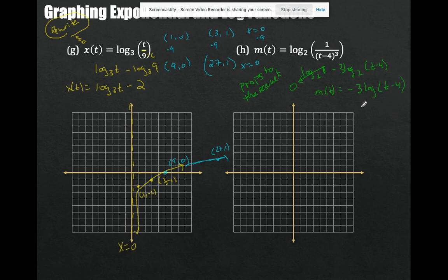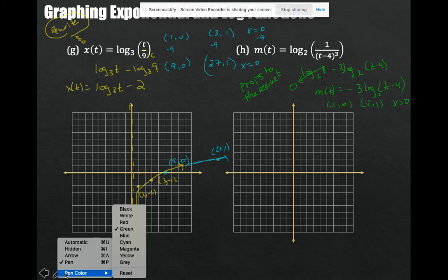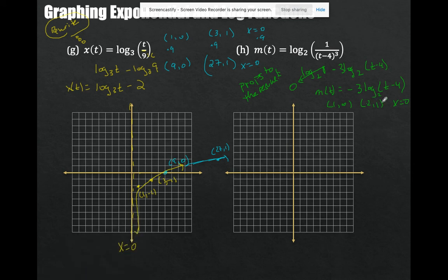So what happens to my points? (1, 0). Oh, I lost my base. (2, 1), and x equals 0. What happened to them? Moved right 4 to the domain, to every x, and then every y got multiplied by -3. No y's there.